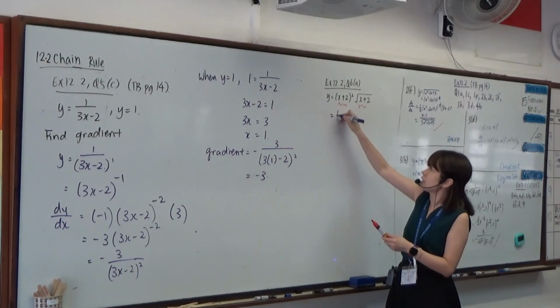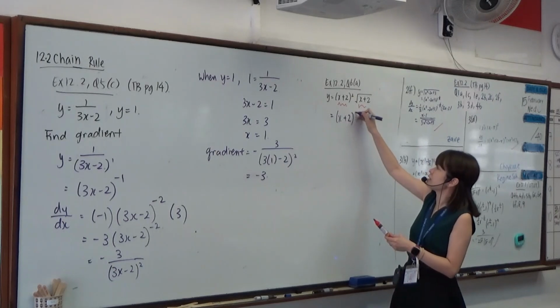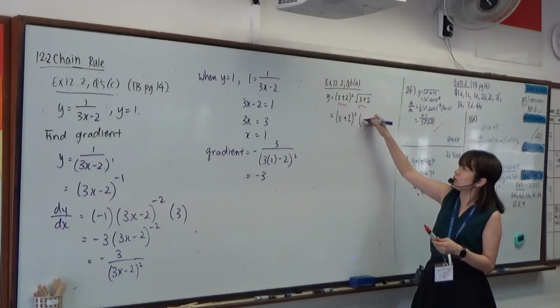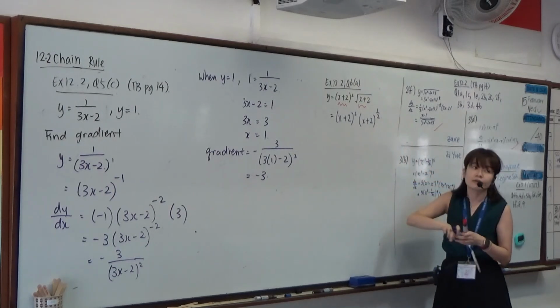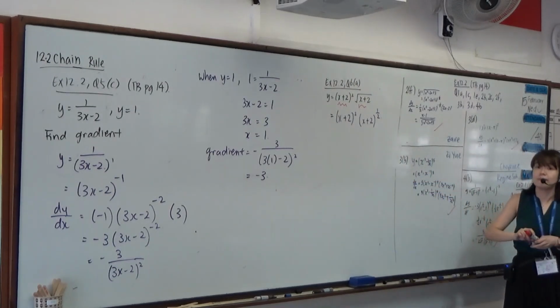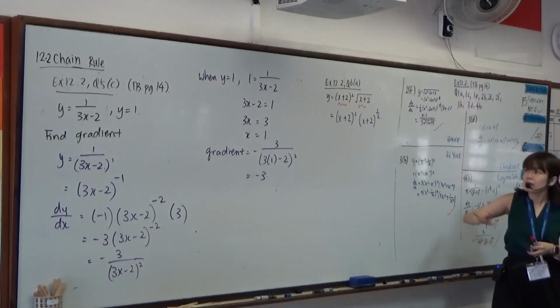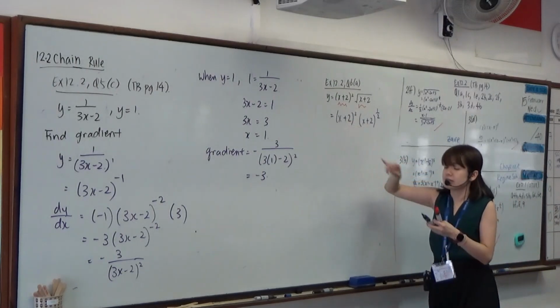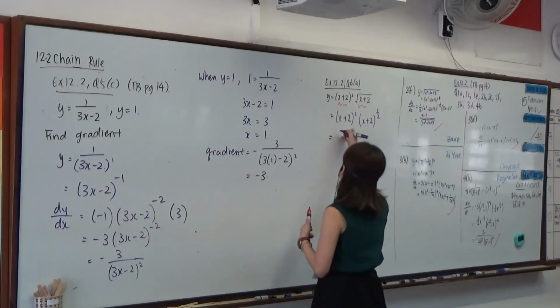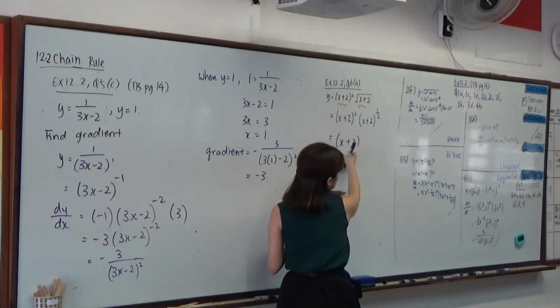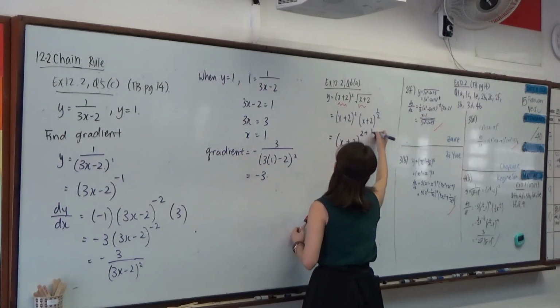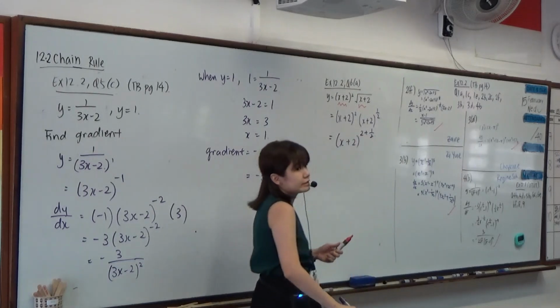Which leads us to see that √(x + 2) is the same as (x + 2) to the power of half. That's the first observation we must be able to make. Since the bases are the same, by our laws of indices, I can combine them into a single base, and then my powers add together.